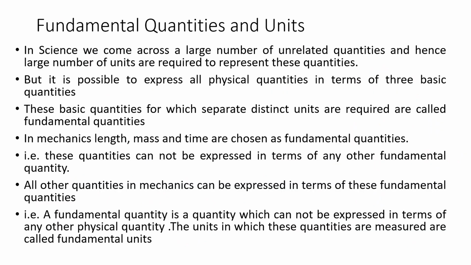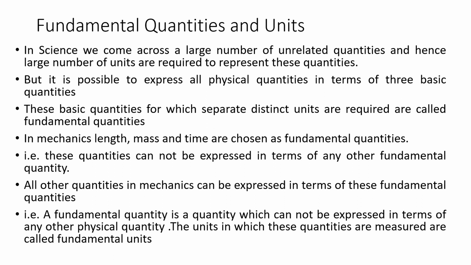So, in science, we come across a large number of unrelated quantities and hence a large number of units are required to represent these quantities. There are a large number of physical quantities: length, mass, time, distance, volume, velocity, acceleration, pressure, and so many more.